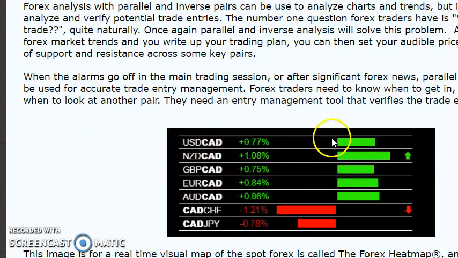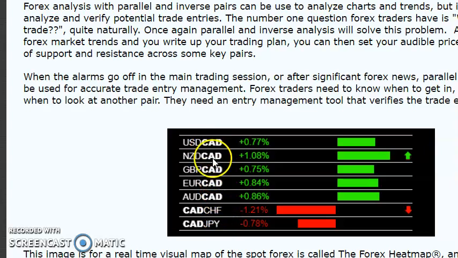For example, if the Canadian dollar is weak on 7 out of 7 pairs, so if these 4 are green and these 2 are red, that means that the Canadian dollar is weak, and you can look at maybe selling the Canadian dollar Swiss or buying the New Zealand dollar CAD or buying the USD CAD, because you know that the Canadian dollar weakness is pushing the market.